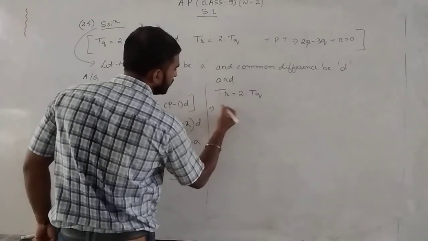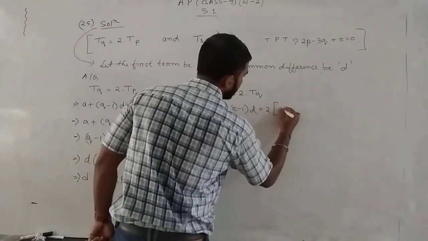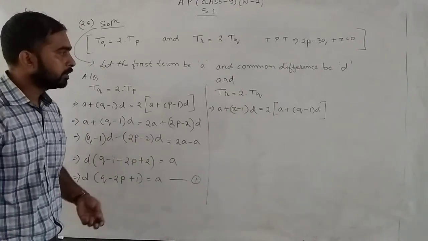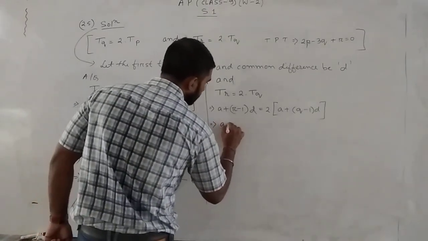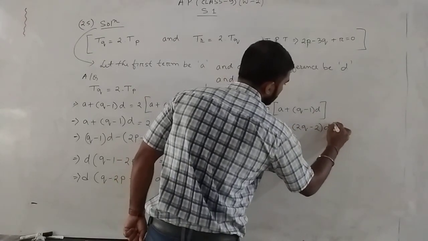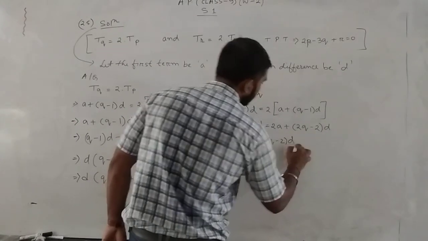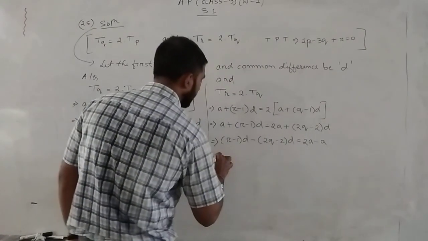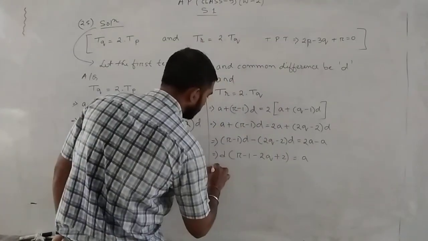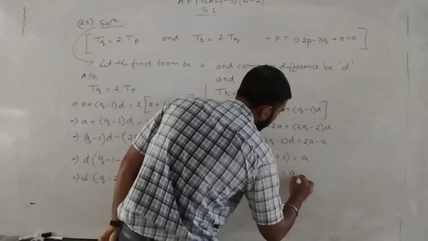Tr means A plus r minus 1 D equal twice the qth term, that is A plus q minus 1 D. So A plus r minus 1 D equal twice A plus twice q minus 2 D. Then r minus 1 D minus twice q minus 2 D equal twice A minus A. So again D common: r minus 1 minus 2q plus 2 equal A. That is D into r minus 2q plus 1 equal A. Equation number 2.